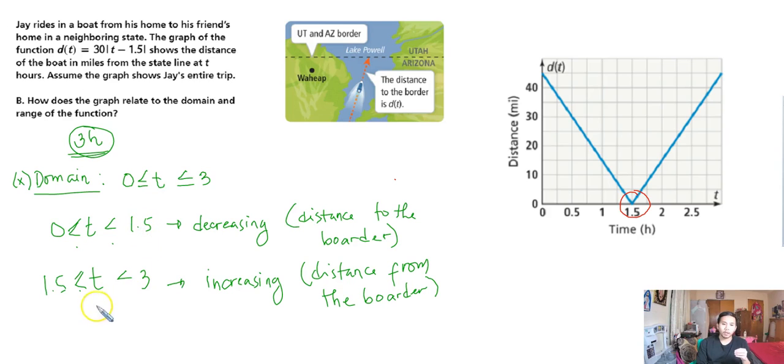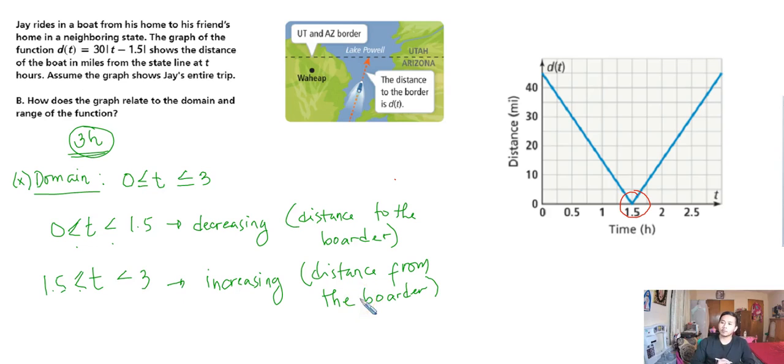But on this inequality, t is greater than 1.5 but less than 3, Jay is going back, or is traveling from the border. So the starting point is from the border. Okay, so that's the difference.